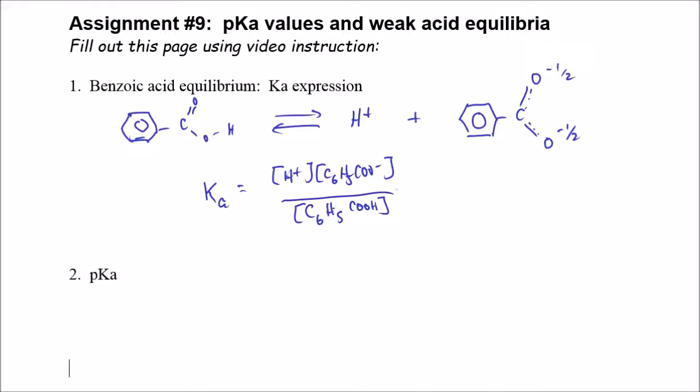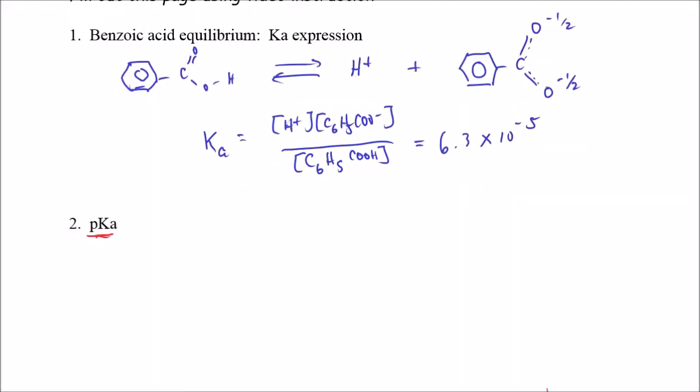The brackets indicate molarities. Ka is something you can look up. For benzoic acid, 6.3 times 10 to the minus 5 is the value of the Ka. You've seen pH, but pKa is the minus log of the Ka itself.